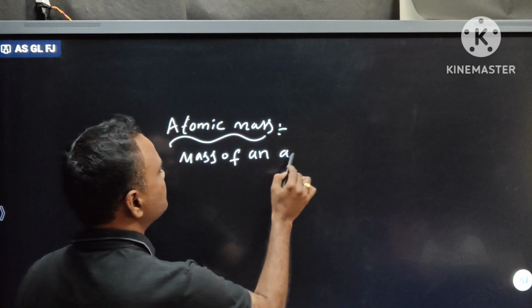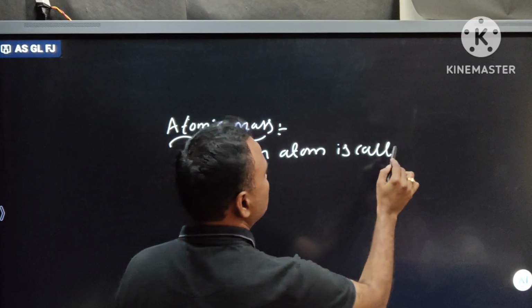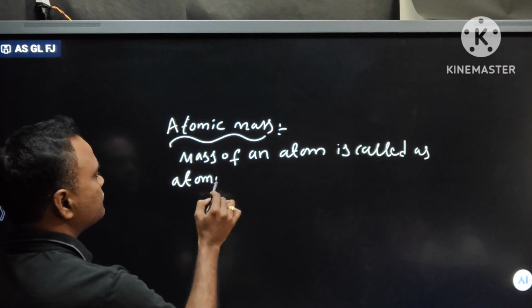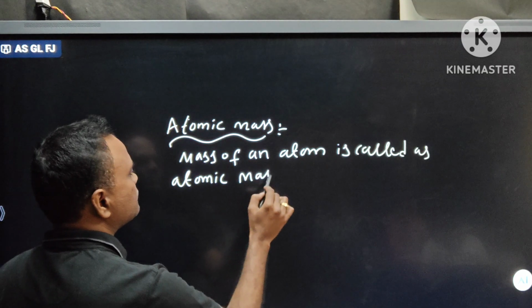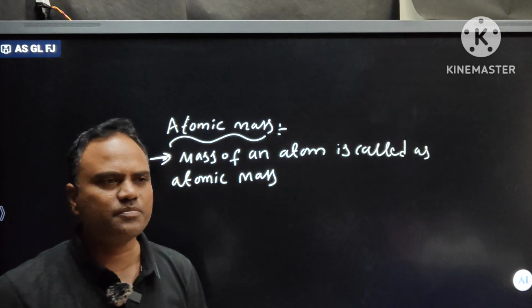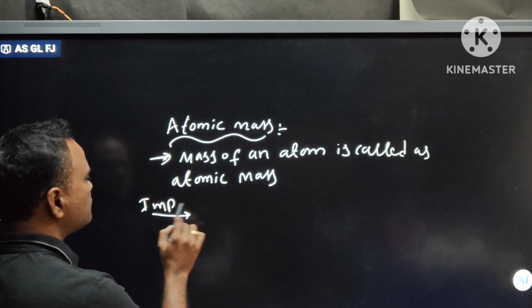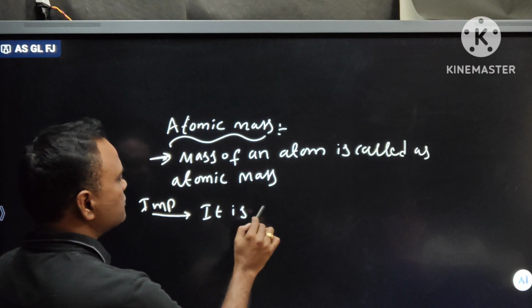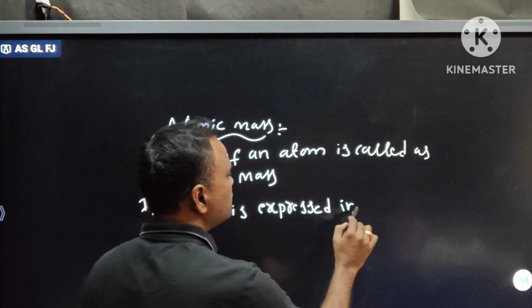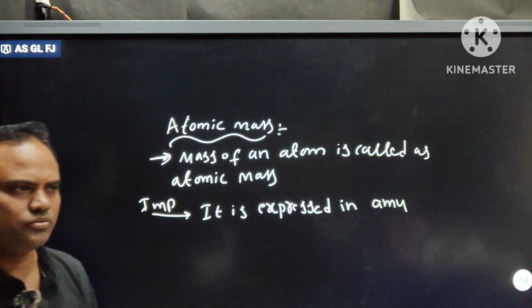Mass of an atom is called as atomic mass. See, atomic mass is expressed in AMU. Very important point. Atomic mass is expressed in AMU.